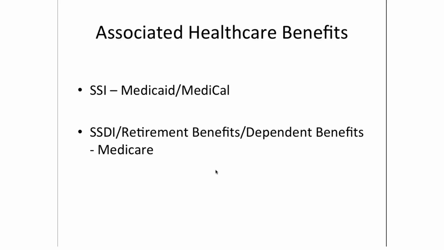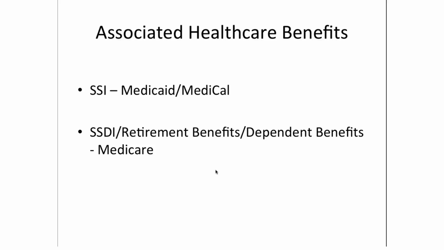Prior to mom and dad receiving their own Social Security retirement benefit, their adult dependent child was receiving supplemental security income and had access to Medi-Cal. At the point that mom and or dad start receiving their retirement Social Security benefit, their dependent adult child is now eligible for a boost up in their Social Security benefit from the parent's work history. And in today's world, they will also be eligible for Medicare.